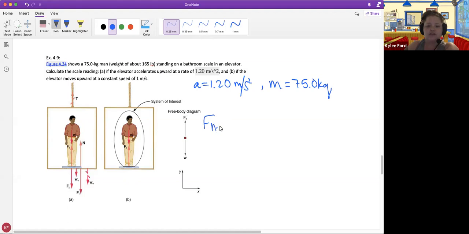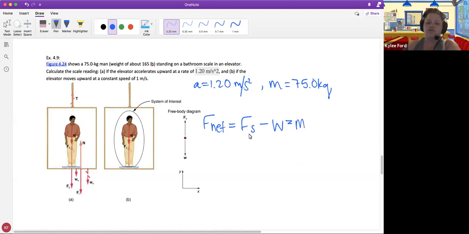So our F net is just in the y direction, so I'm not going to put x or y here. And that is going to equal my positive portion, F sub s, minus the weight of the man. And since we are accelerating, as opposed to our last problem where the traffic light wasn't moving at all, the elevator is moving and it has some acceleration.